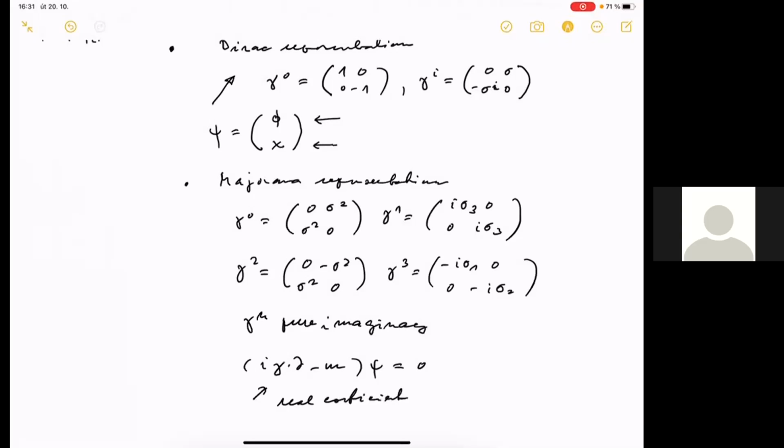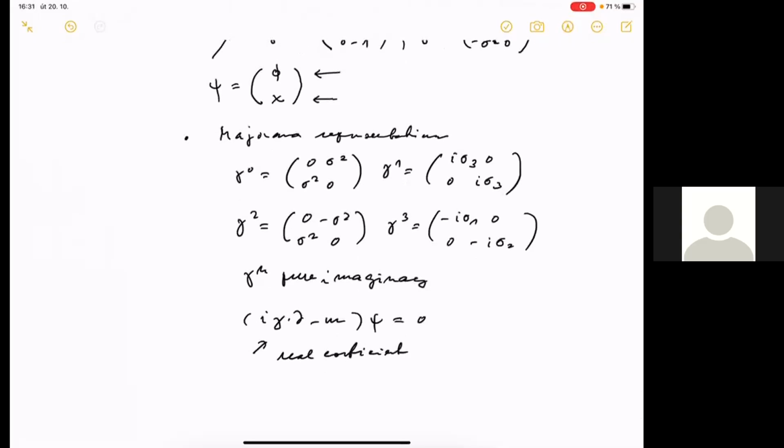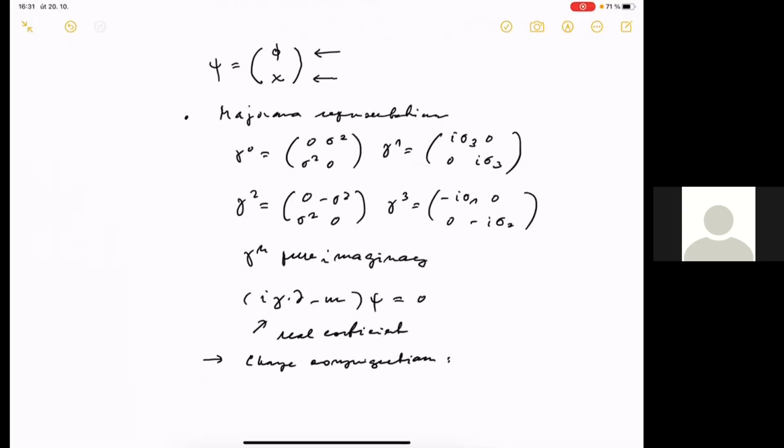And when we have an equation with real coefficients, we can find the fundamental solution of such an equation real. And this has some relation to the so-called charge conjugation. Since you know that at least in ordinary quantum mechanics, charge conjugation corresponds to the wave function going to the wave function complex conjugated.